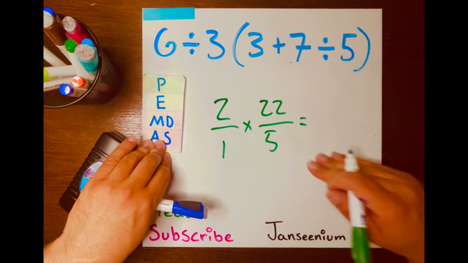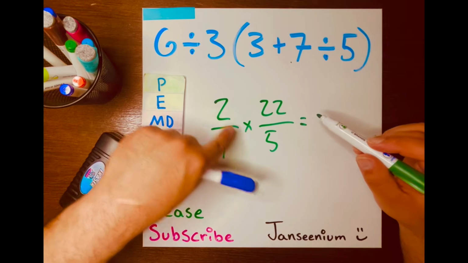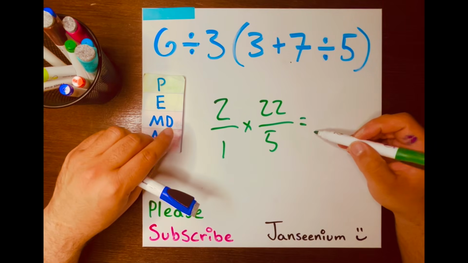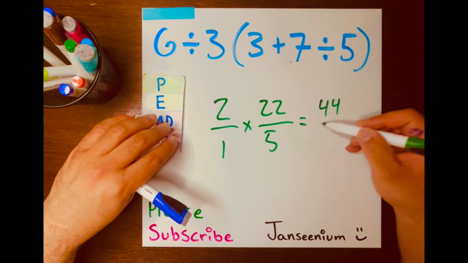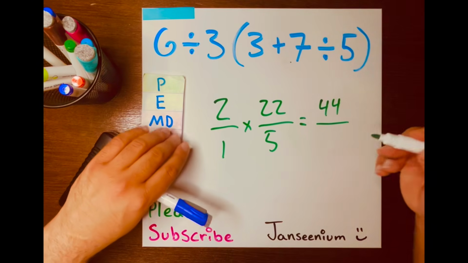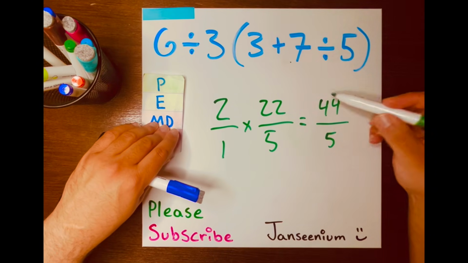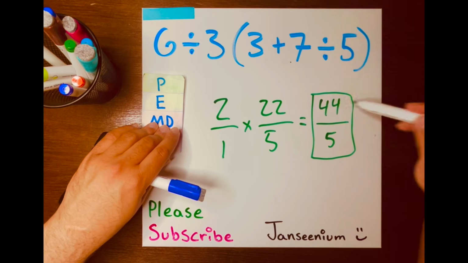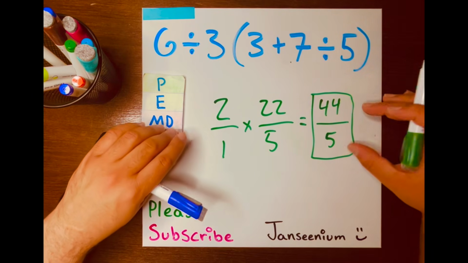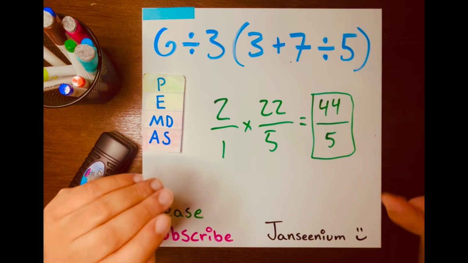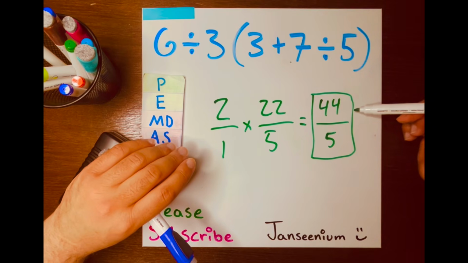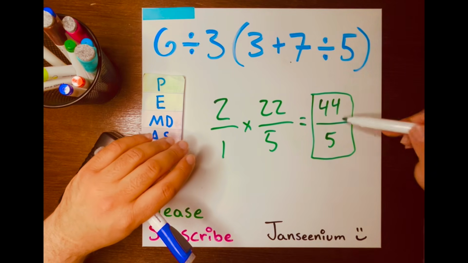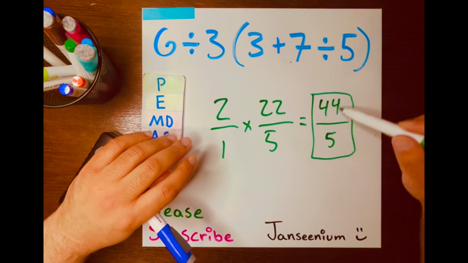So we multiply across. 2 times 22 is 44 over 1 times 5 is 5. And this cannot be broken down further. 44 over 5 is your improper fraction answer, but don't leave yet because we're going to figure out the decimal answer and the mixed number answer using long division.